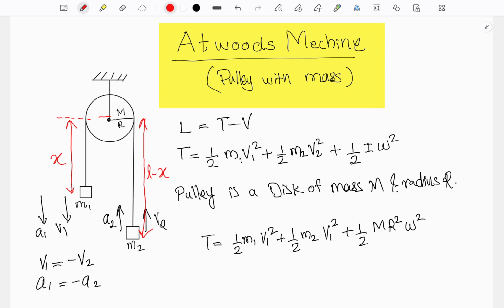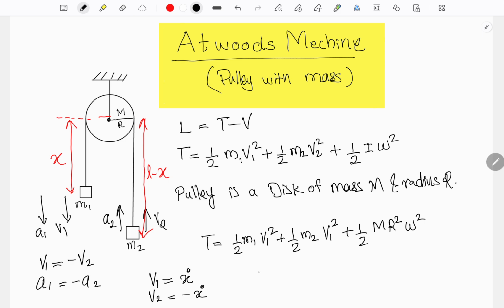Okay, so that means in the equation of kinetic energy, we can see that v1 will be equal to x dot and v2 will be equal to minus x dot, because the derivative of L minus x will be minus x dot, as L is a constant. Now what about the omega?